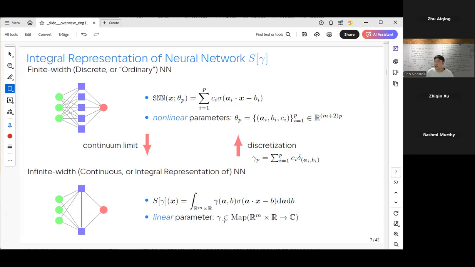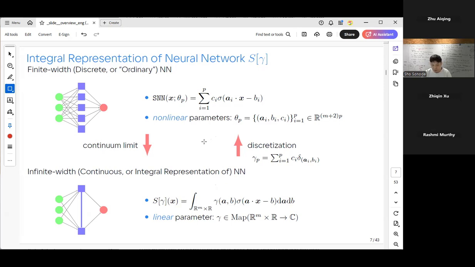But if we allow gamma to be an element of a large class of distributions, then we can simply put gamma to be a finite sum of Dirac deltas. Then we can exactly reproduce the finite neural network case. In this sense, the infinite wide or integral representation of a neural network is an extension of a finite width neural network.